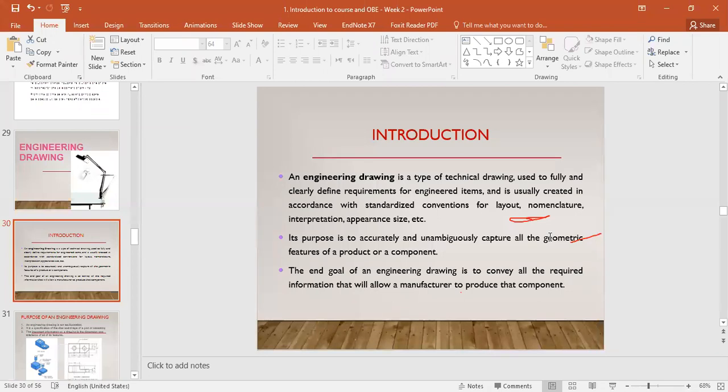For example, to draw any engineering object, any machine, any part of a machine, a simple example is the piston of an engine. Technically, we will also draw the dimensions and the working mechanism, and it is usually created in accordance with the standard conventions for layout, nomenclature, interpretation, appearance, and size. As we have some standards to be used in all drawings.